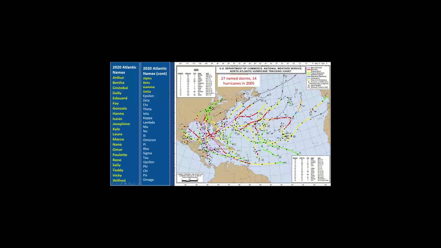The Delta in '05 occurred in late November. And then notice there was even Zeta, which occurred December 30th through January 6th. So I don't know if we're going to have storms that far into the season or even beyond, but they can occur.